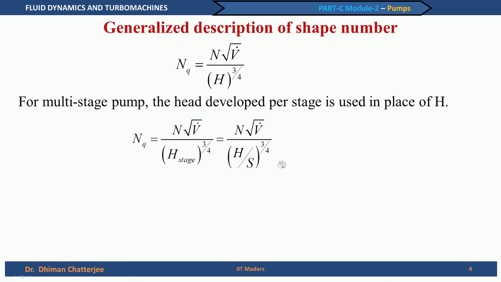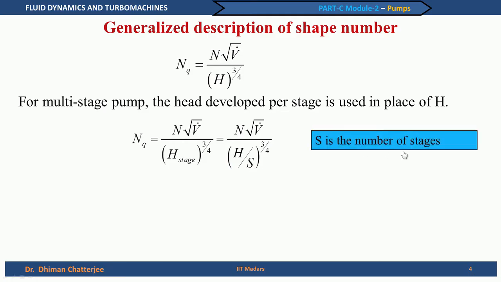Here H by S refers to the head developed per stage, whereas H is the total head developed by the pump and S is the number of stages.